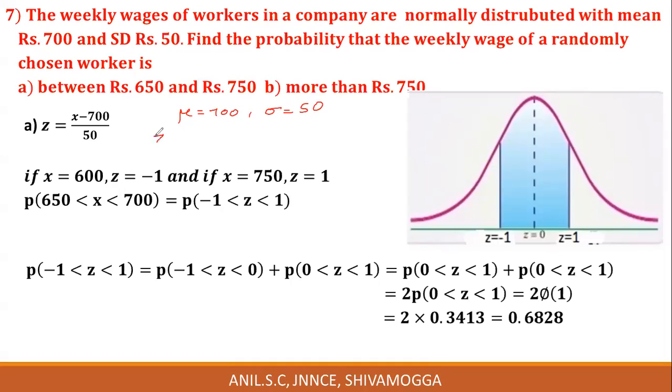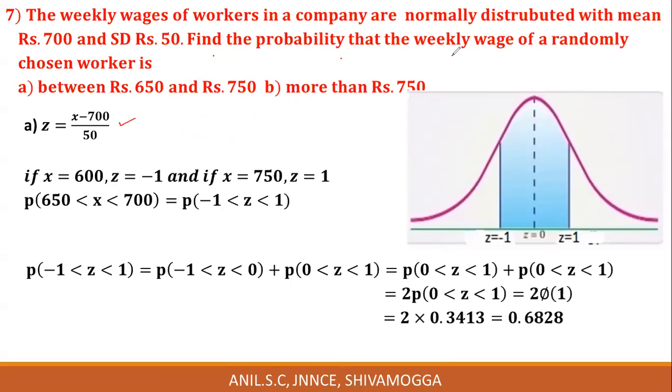And we know that Z is given by (x minus mu) divided by sigma. That is, Z is equal to (x minus 700) divided by 50. This is what we call a standard normal variate.